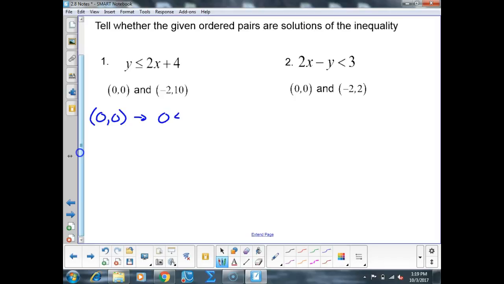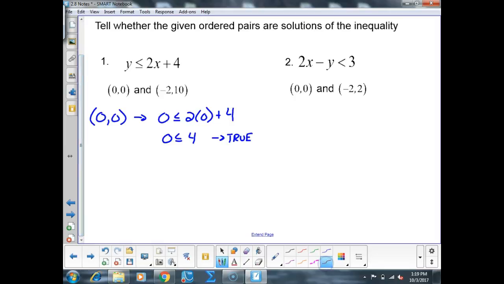Y is 0, less than or equal to 2 times 0 plus 4. 2 times 0 is 0, plus 4 is 4, so I get the inequality 0 is less than or equal to 4. That is a true statement. 4 is bigger than 0.